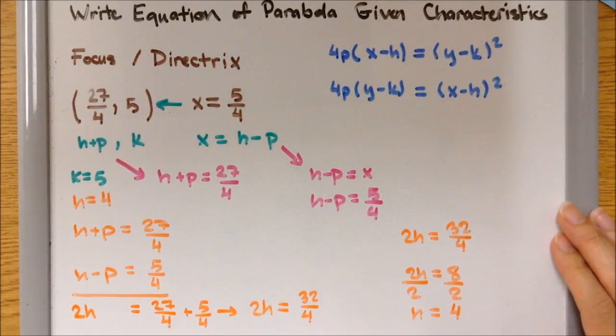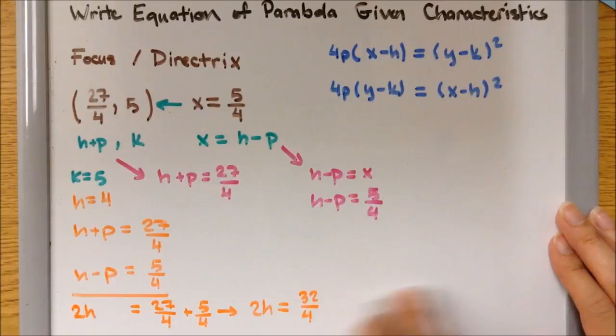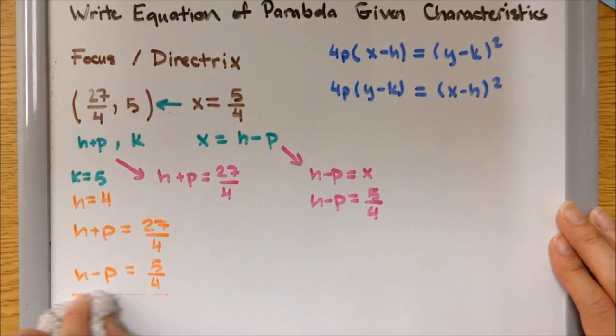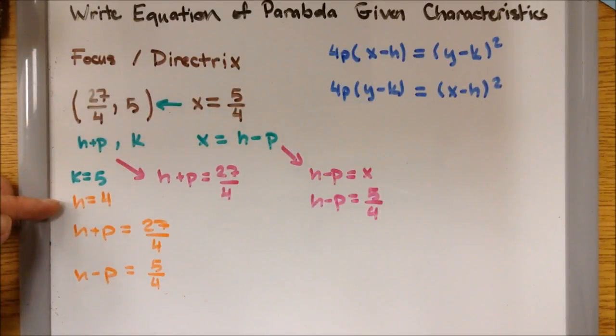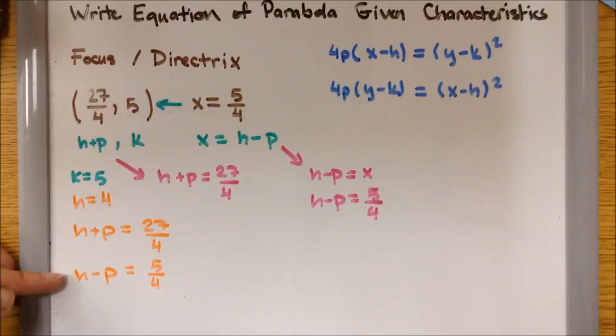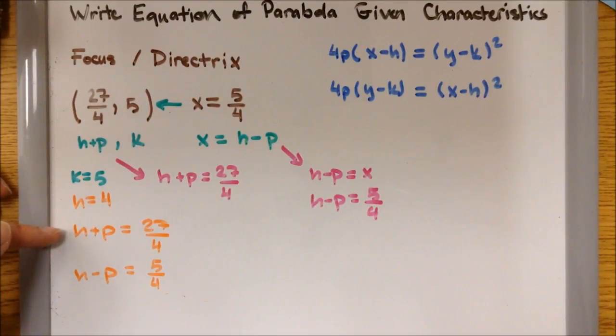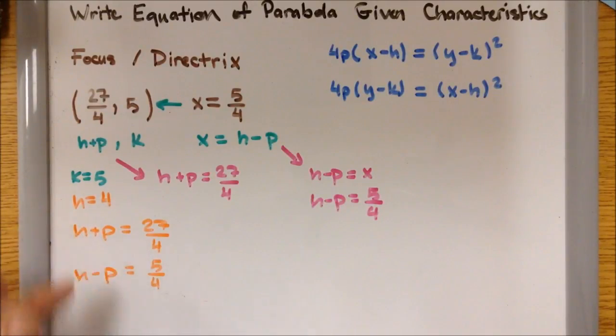Now next I'm going to erase to make more room. I'm not going to erase everything because here's why. Once you find the h value, you can either plug into this equation or the second equation to solve for p. It doesn't matter which. As long as you've done it correctly, you should get the same values regardless if you plug it into the first equation or the second equation. But let's plug it into the first one because we have a positive p.